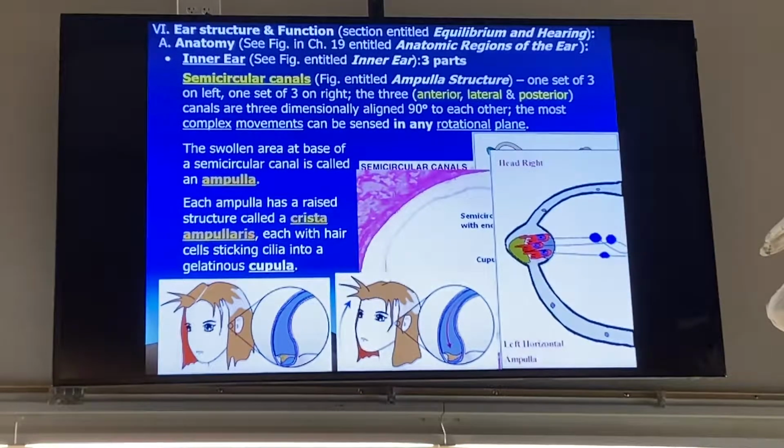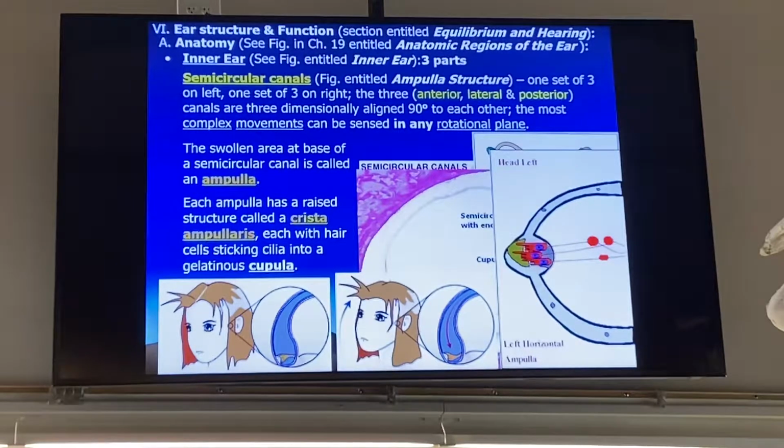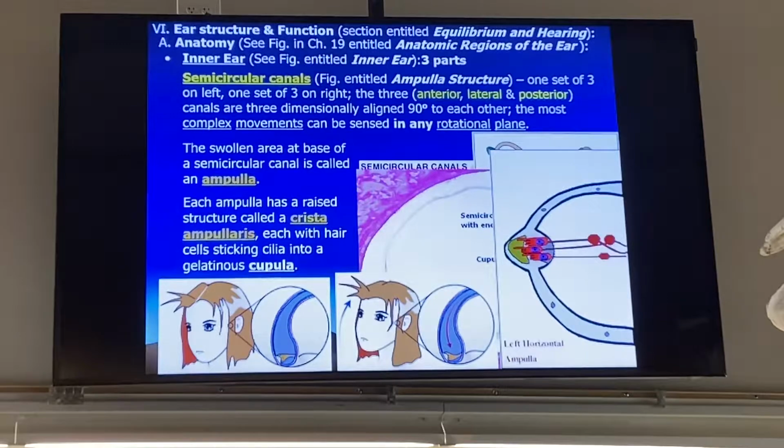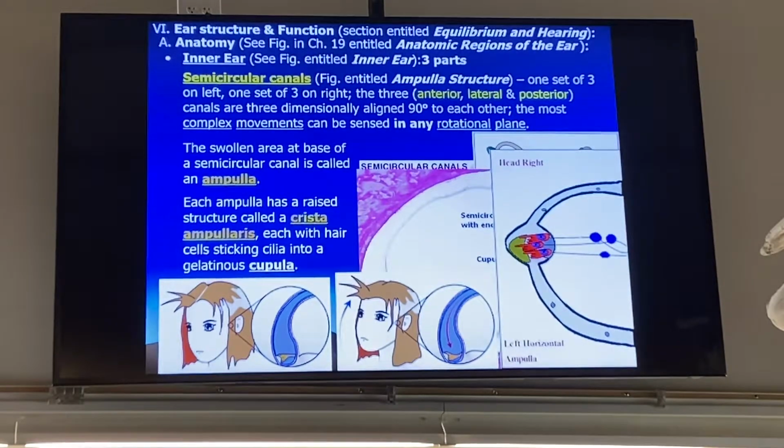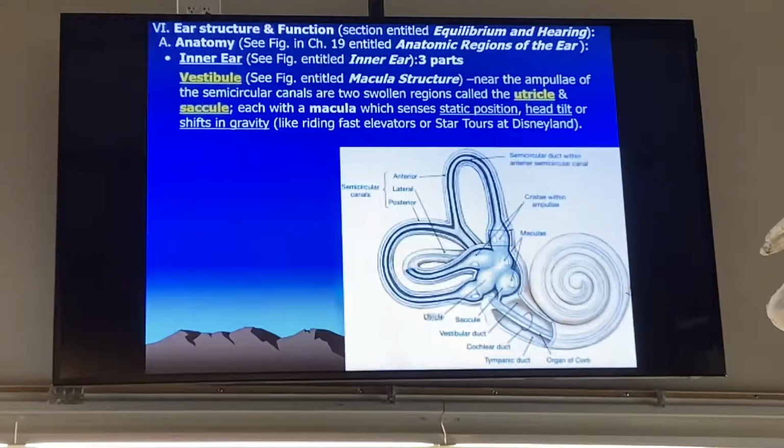I'm moving, no I'm not, I'm moving, no I'm not, because the visual field isn't moving, but the cupula is still bent. It's called vestibular nystagmus. And it's because of this semicircular canal and the endolymph.